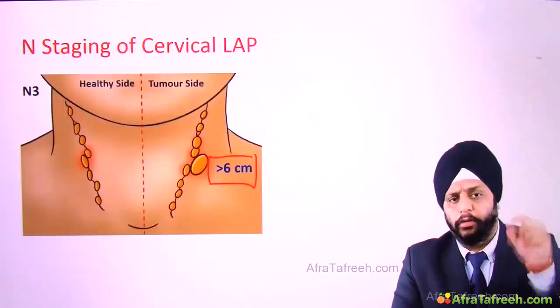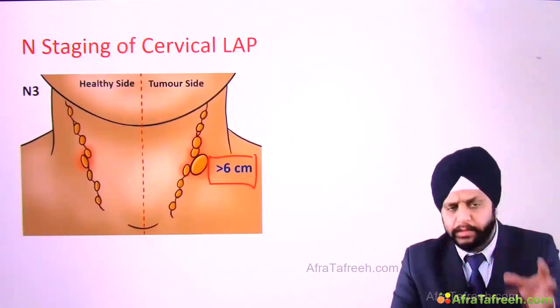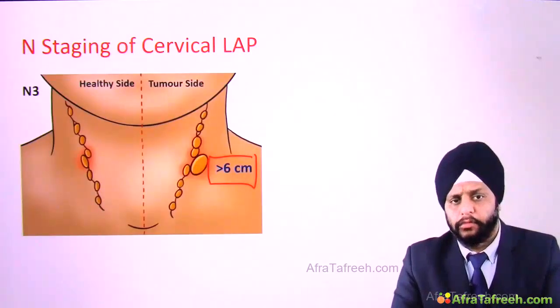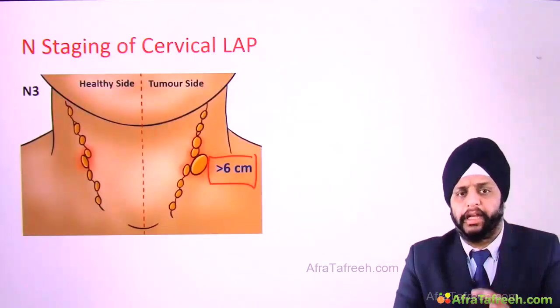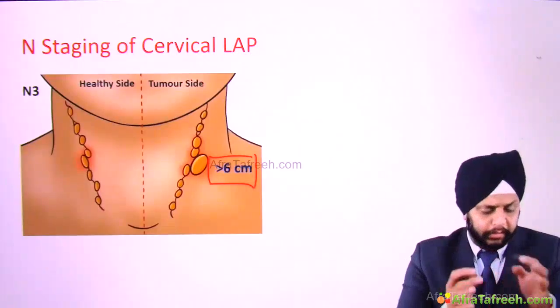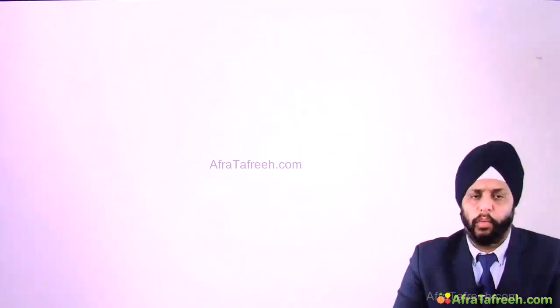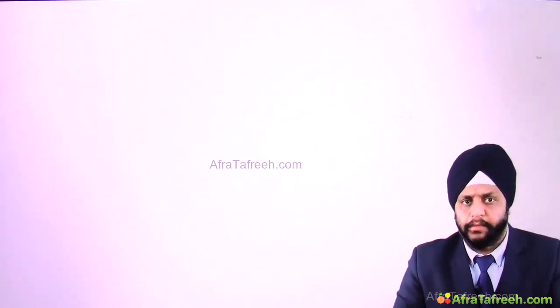It does not follow this cervical lymphadenopathy staging that we have discussed for all the head and neck malignancies. So this staging is for all the head and neck malignancies except the NPC. The NPC has a special N staging. Okay, so what is the special N staging for NPC?